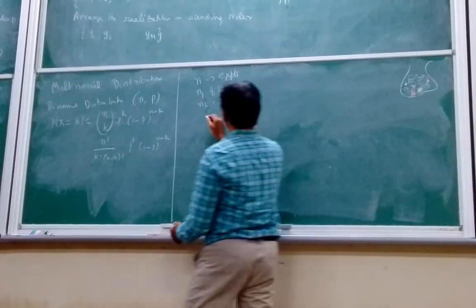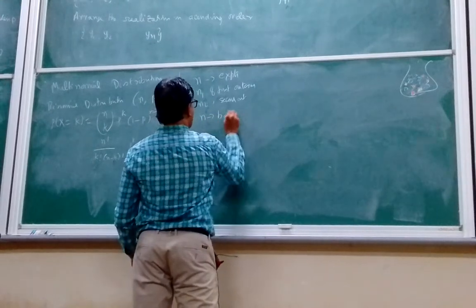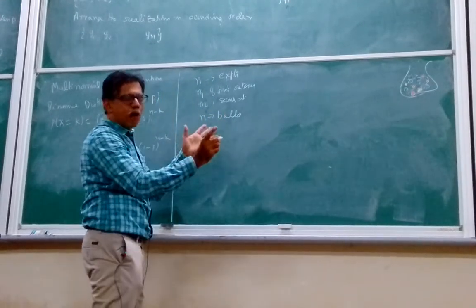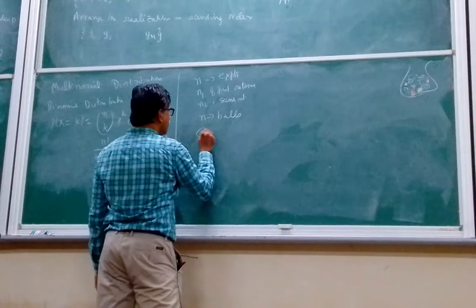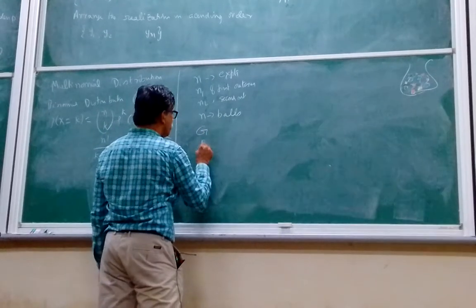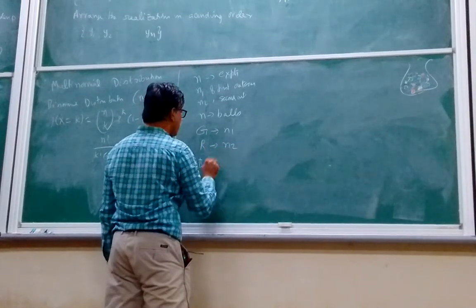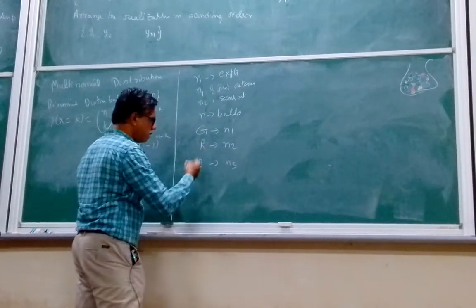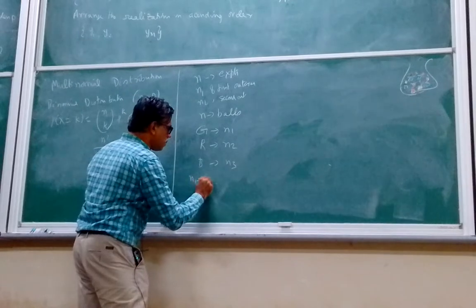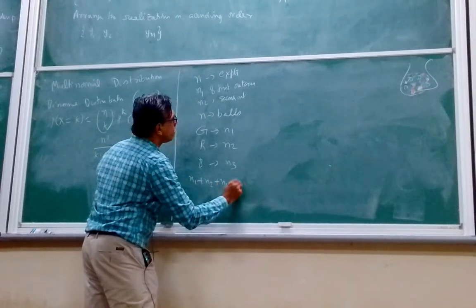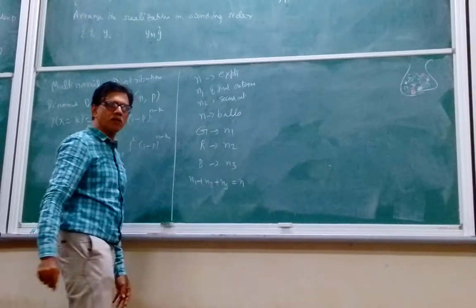You have got n balls, and you know the composition. Let us take green, red and blue. N1 green balls, N2 red balls, N3 blue balls, so that N1 plus N2 plus N3 is equal to n, the total number of balls.